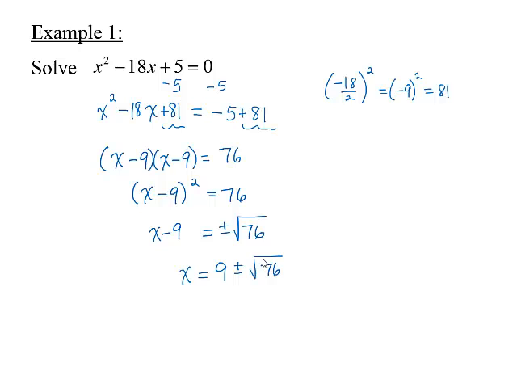So it's really cool that we were able to have an equation that didn't look like it was solvable, but we applied this process of completing the square to be able to apply the square root property. So the solution set is 9 plus or minus the square root of 76.